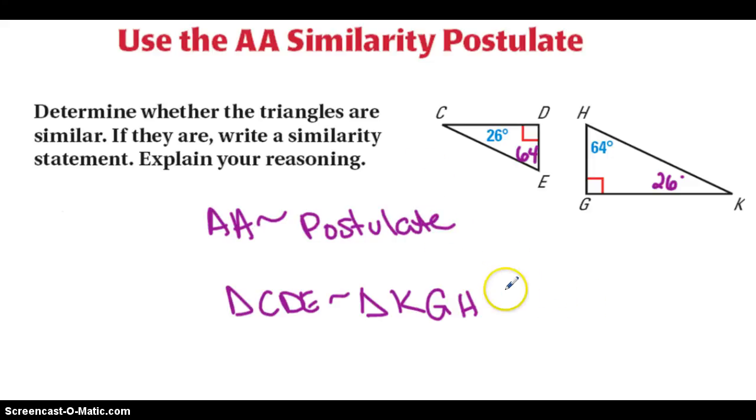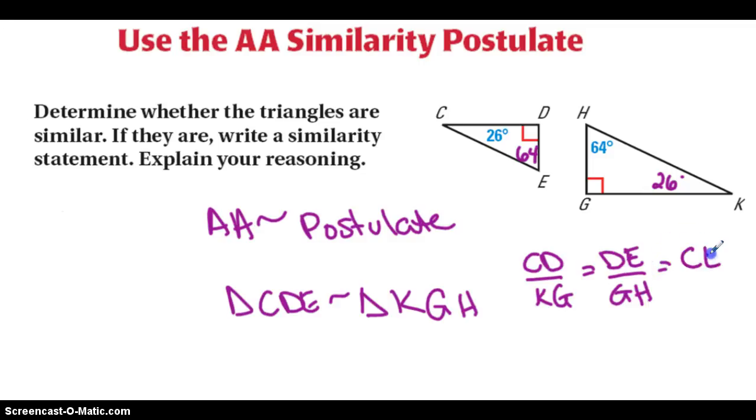And again, we could write our statement of proportionality. Statement of proportionality would be CD over KG equals DE over GH, which is also equal to CE over KH. Right? All right. That's angle-angle similarity of triangles. Fun stuff.